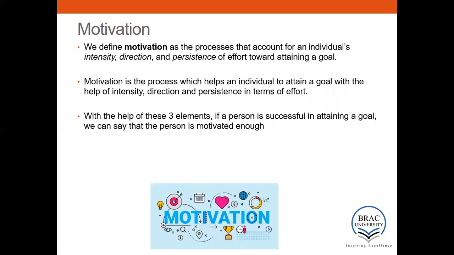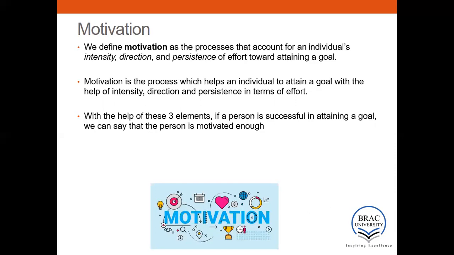Now, how am I supposed to attain this goal? There must be some way, right? Motivation will help that individual to attain that goal with the help of three elements.